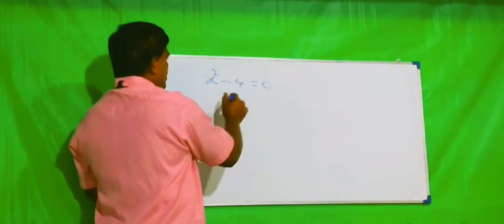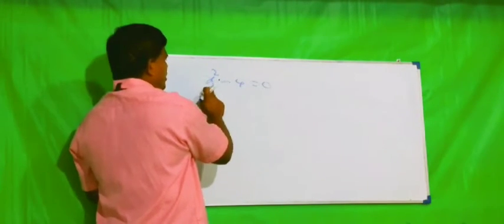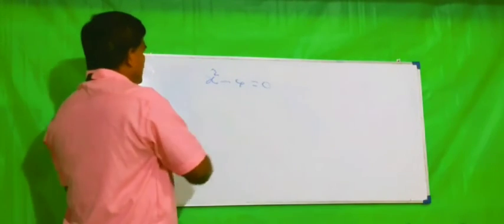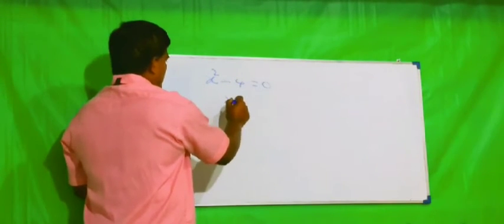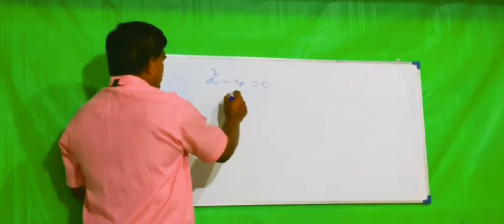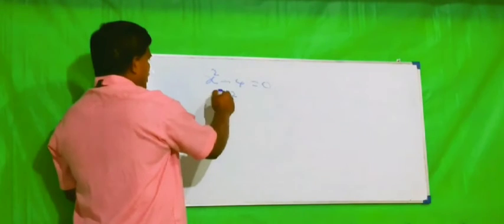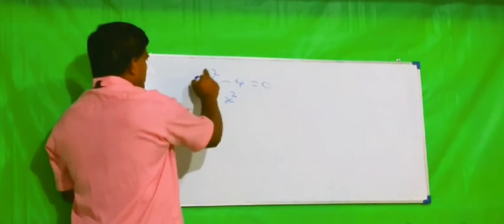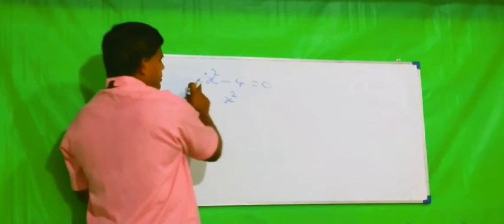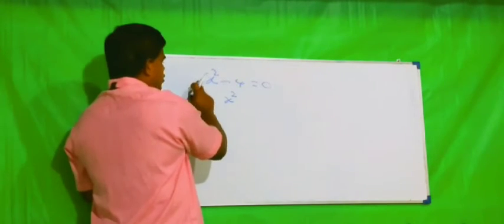Solved means here we should find the value of x. Then to solve this equation, we should make the variable the subject. The variable is x here. Then x should be the subject.